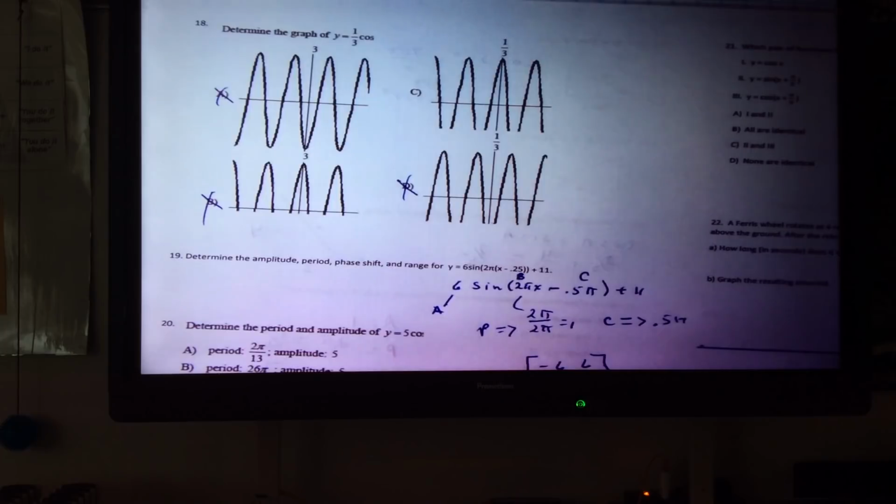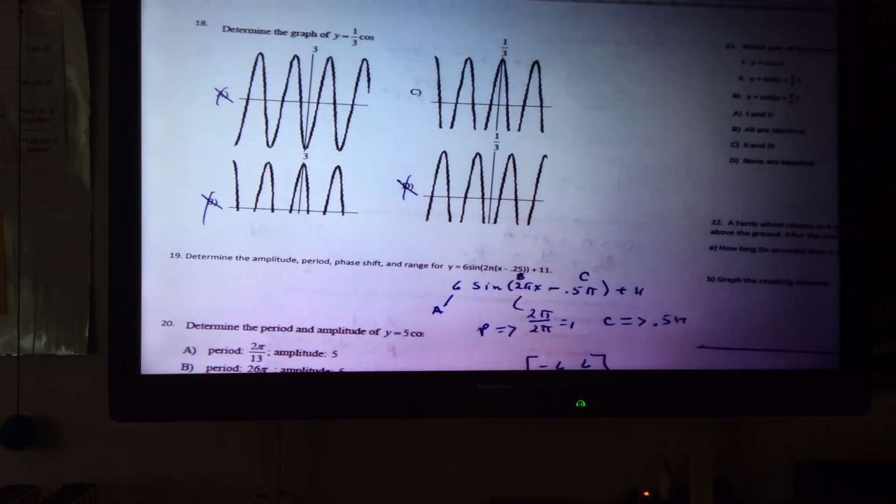So first, whatever number is the amplitude, you're going to put negative and positive of that, 6 and 6. And then you're going to add whatever number is D to it. Now D is going to be your vertical shift.